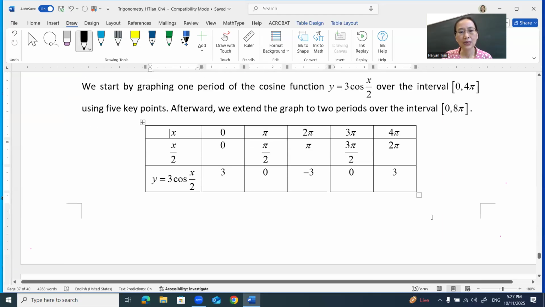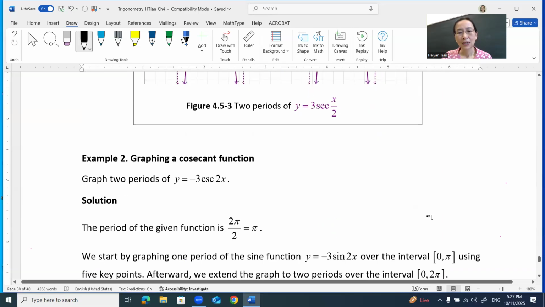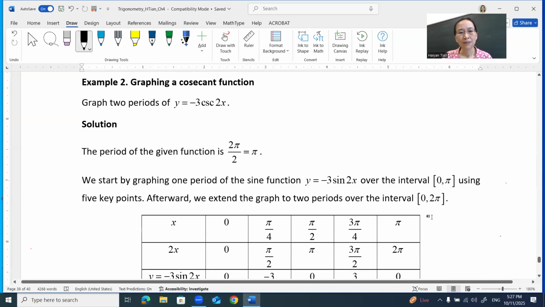It doesn't matter which one. So let's look at one function.